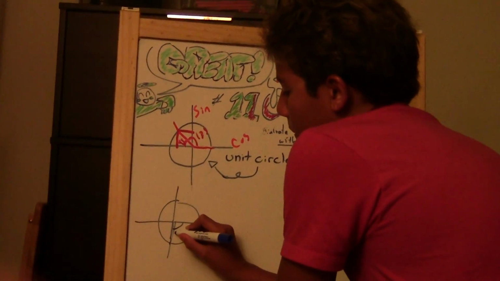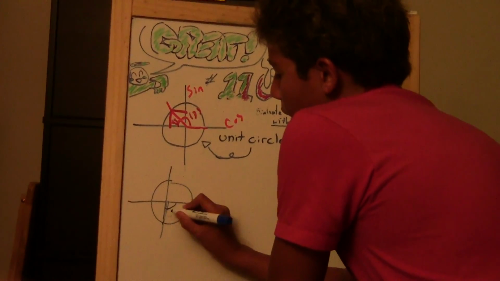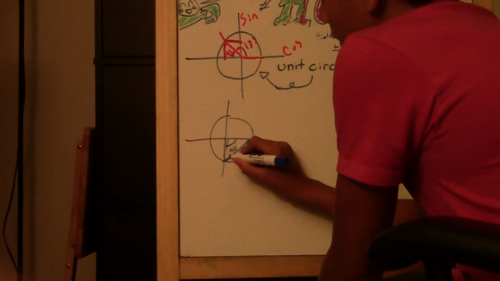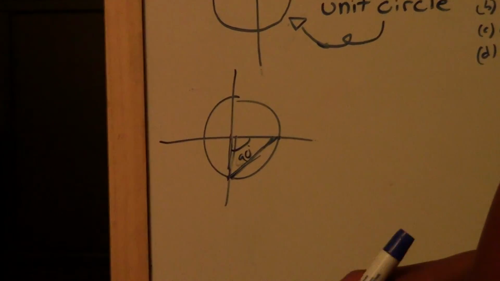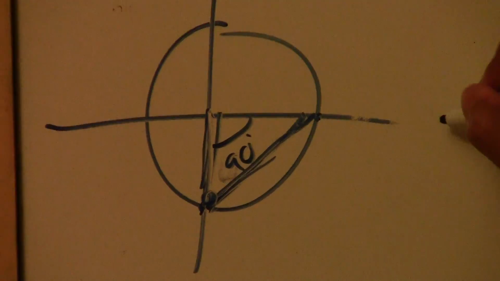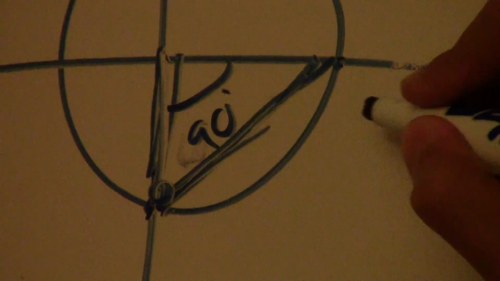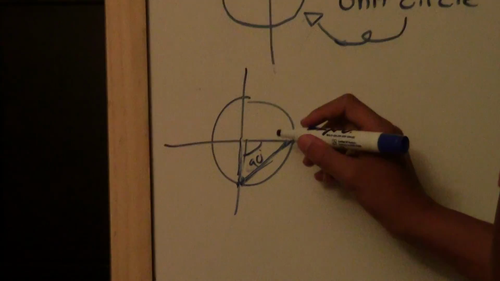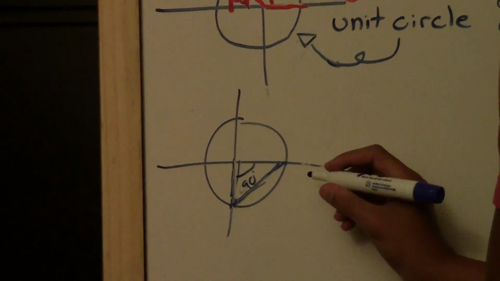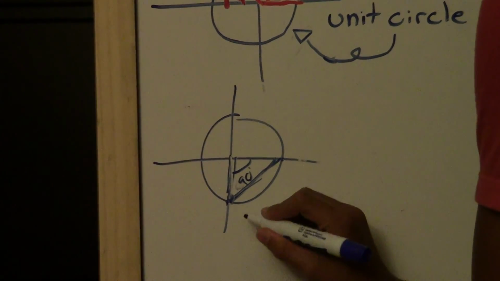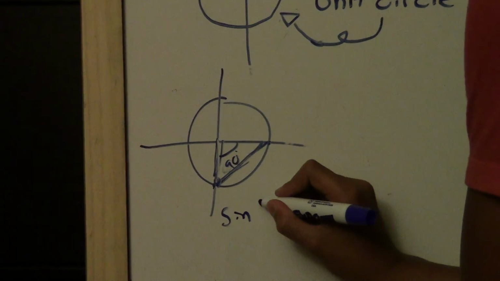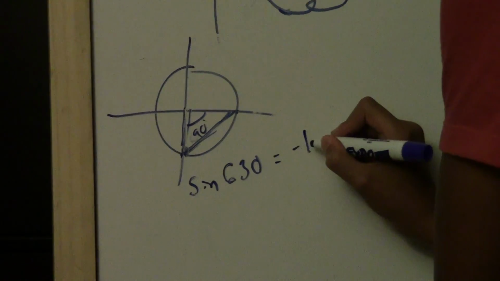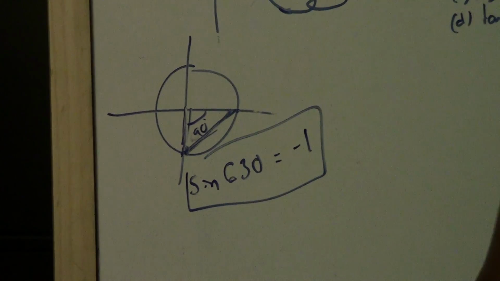The cosine is not going anywhere, so cosine would be 0. But we're finding sine, which is going up and down. Because it's going down, it's negative. So sine of 630 is equal to negative 1.